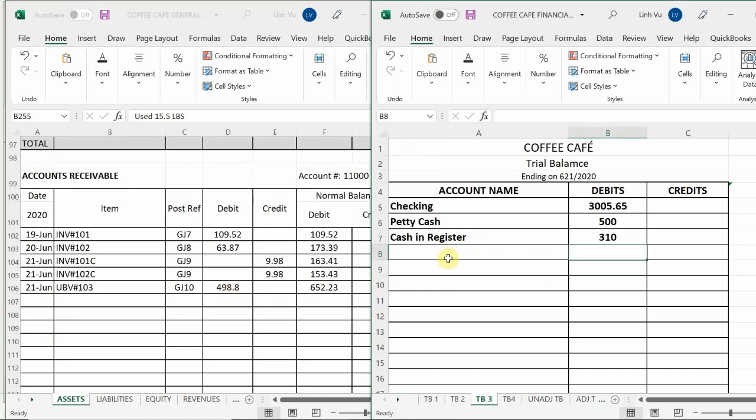We have accounts receivable, 652.23. Okay.